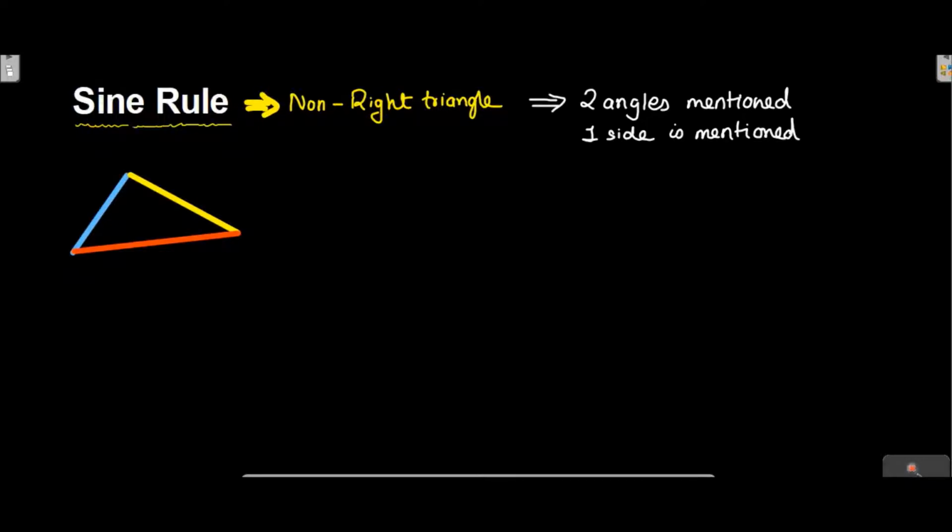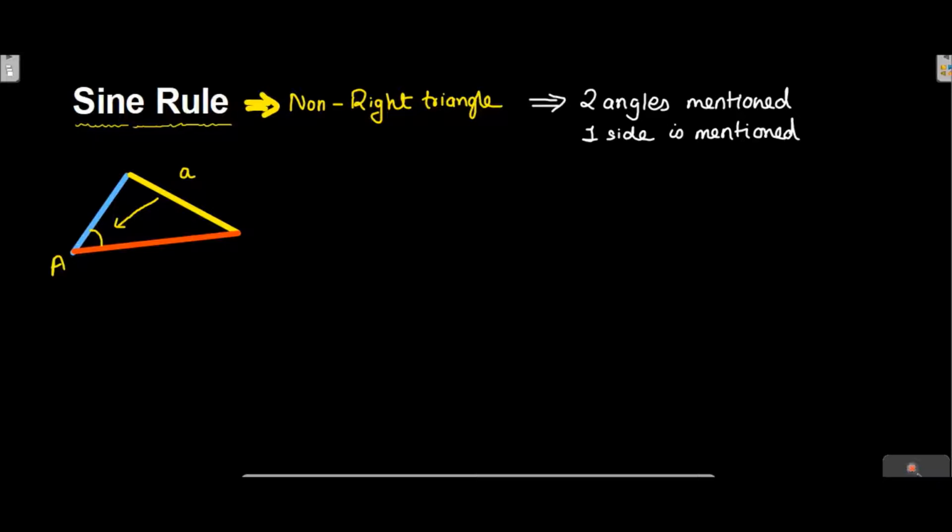Now, the opposite angle of side a is this one. I am going to write it in yellow so that it is clear to you. I'm talking about angle A. The side just opposite that particular angle is considered side a. They are linked to each other. You will understand more when you start solving questions.